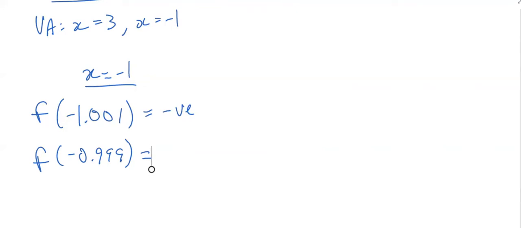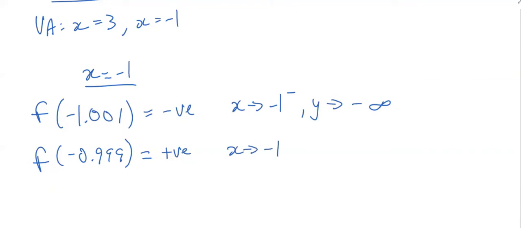But otherwise, yes, you could. Okay, so this one's positive. So that means as x approaches negative 1 from the left, y is going to negative infinity. As x approaches negative 1 from the right, y is going to positive infinity.